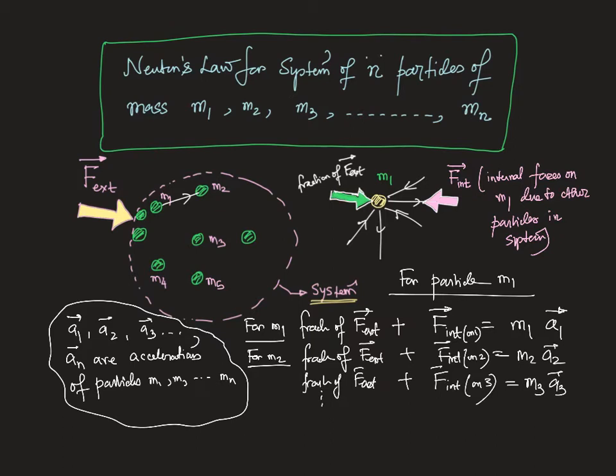If you go on writing all this up to n terms, what do you get here? If you add all the fractions of the external forces, you get the total external force on the system, F external. The summation of the internal forces is 0. Now here what you get is m1 a1 plus m2 a2 plus up to mn an.